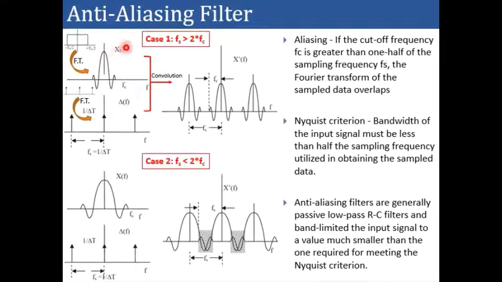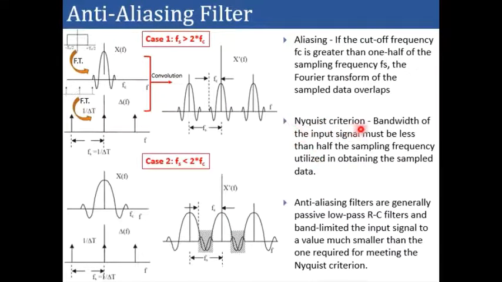So when you do the convolution of both signals, you will get the response like this. Now if the sampling frequency is larger than twice the cutoff frequency, the signals will not overlap, while if the sampling frequency is less than twice the cutoff frequency, then the samples will overlap and we will not be able to get the complete information.